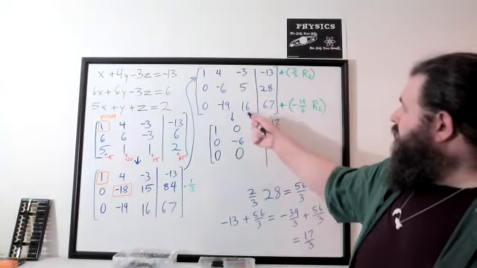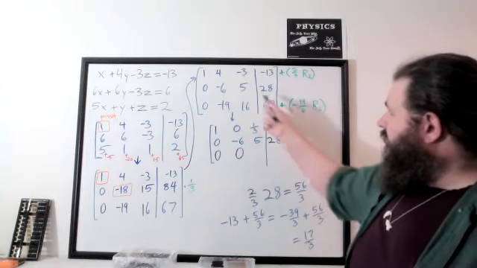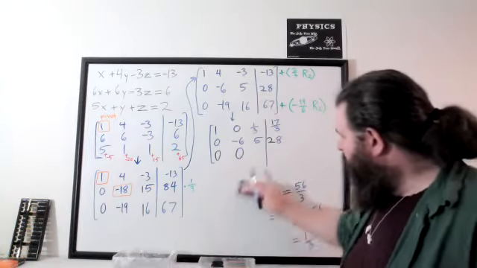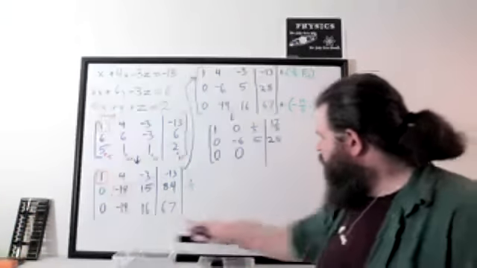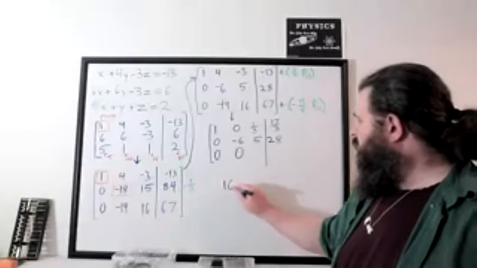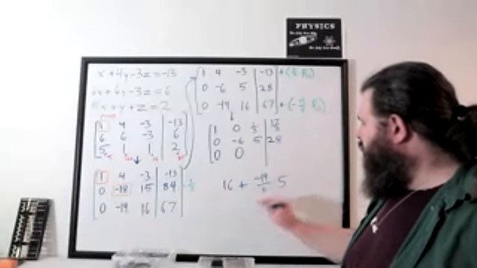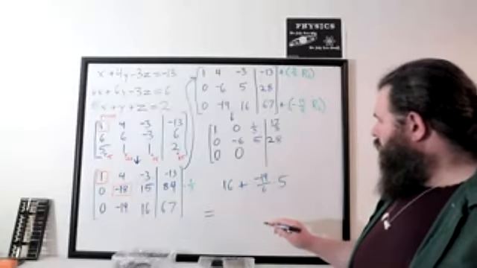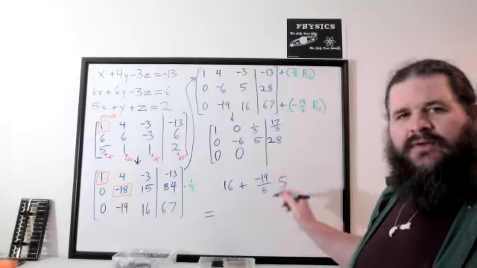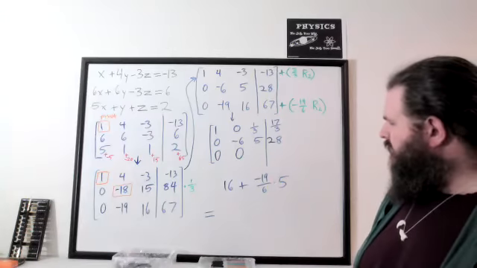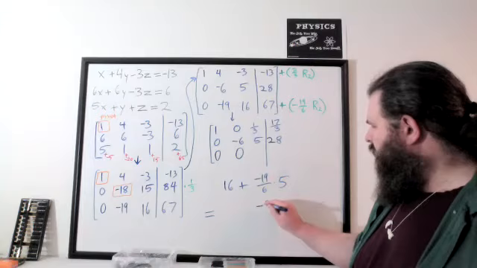And then we now have 16 plus -19/6 times 5. That one we'll probably want to write out. 16 plus -19/6 times 5. That's -19 times 5 would be 95. -95 over 6.